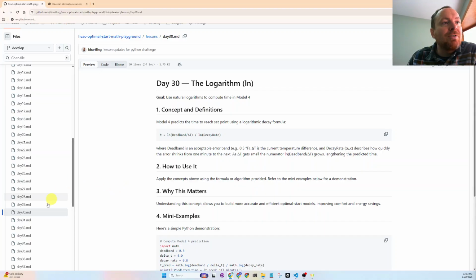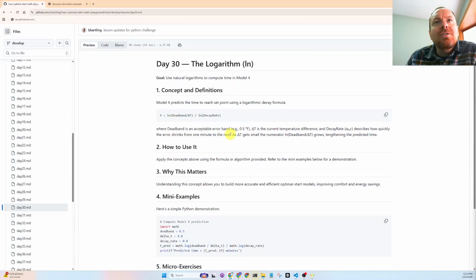So we were talking about Model 4. Model 4 uses the log math equation.